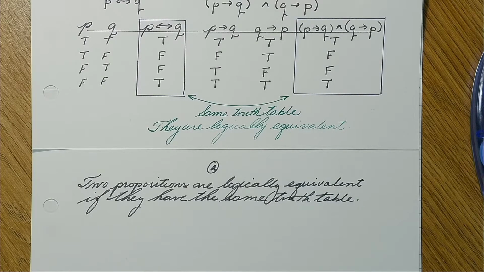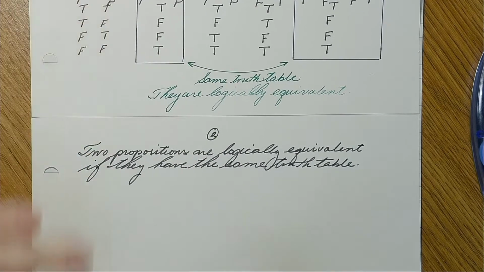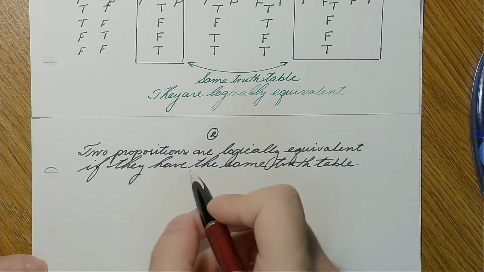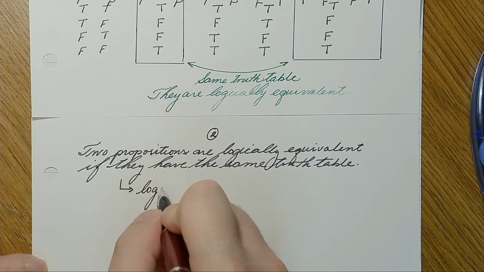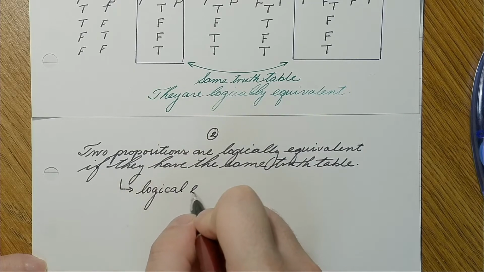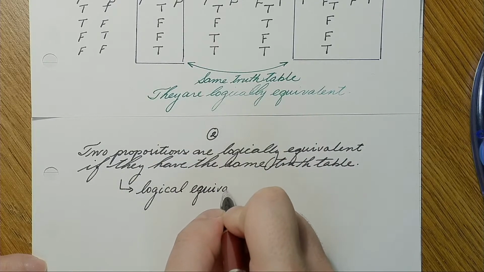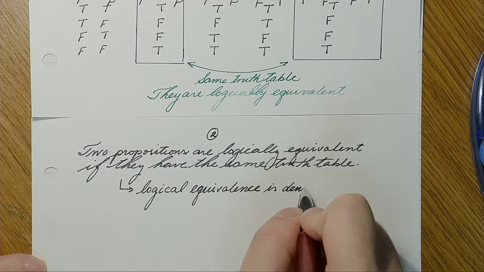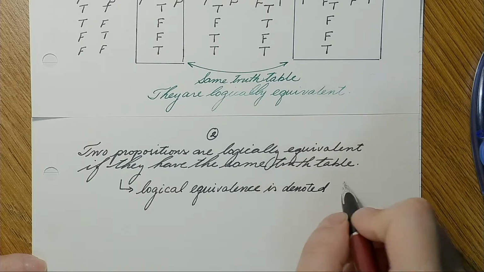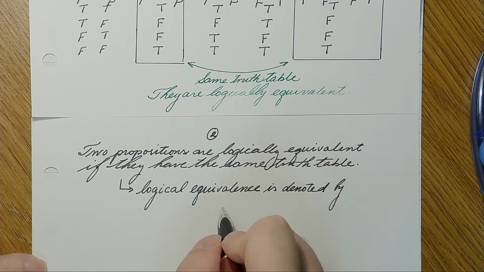Okay, and we denote this using this double back and forth arrow.